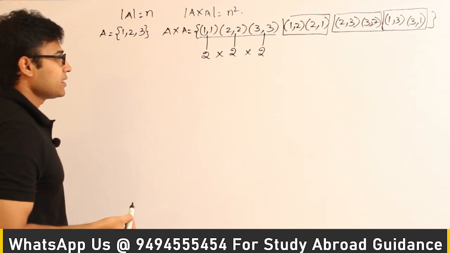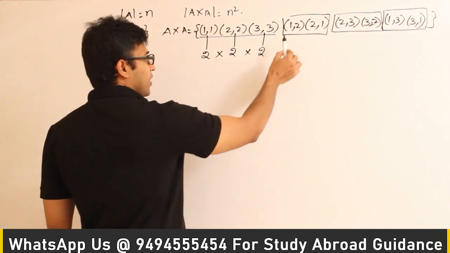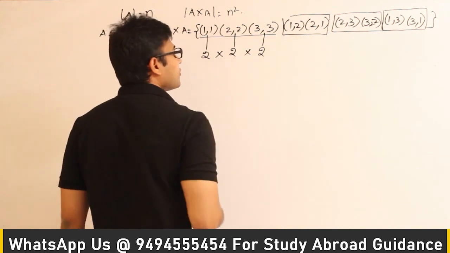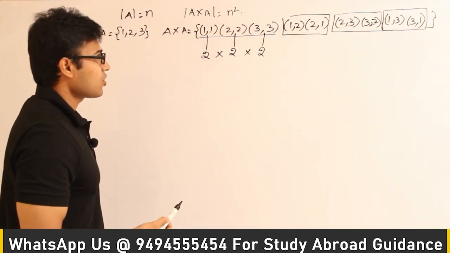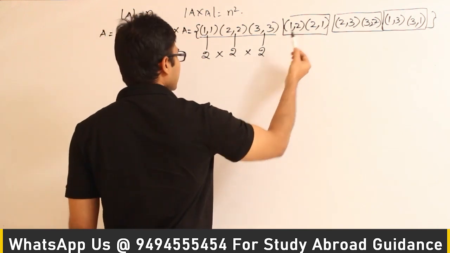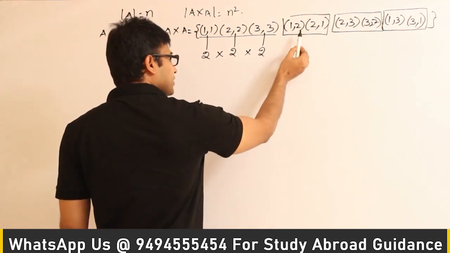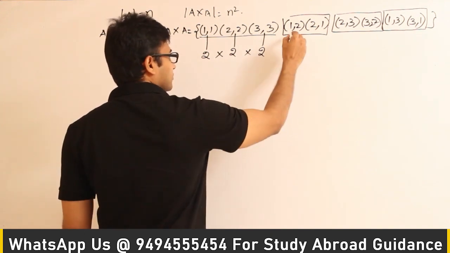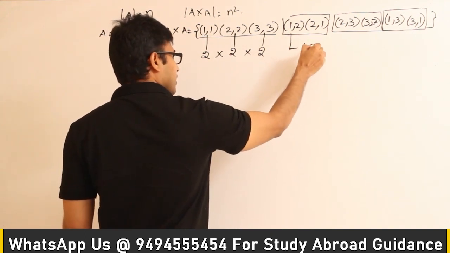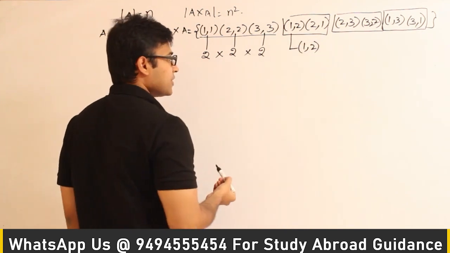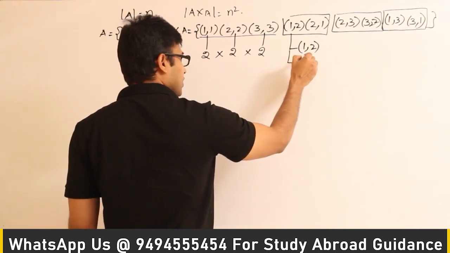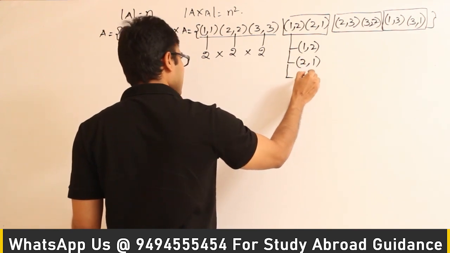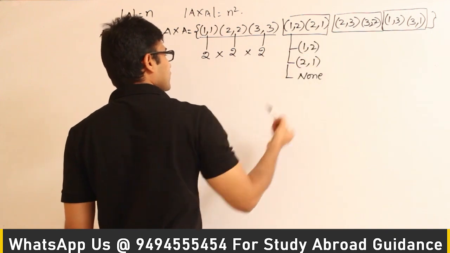Fine. But then coming to this one, now I cannot talk about them as individual pairs. I can talk about this pair together. So if you take this pair, either you can include (1,2) and make an antisymmetric relation, or you can include (2,1) and make an antisymmetric relation, or you need not include both of these, none of these.